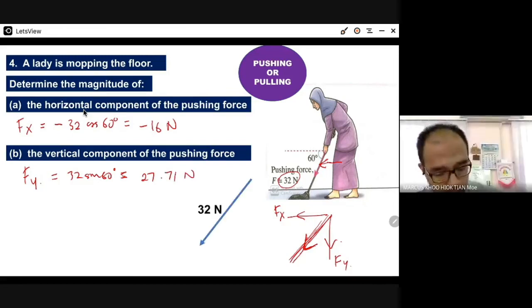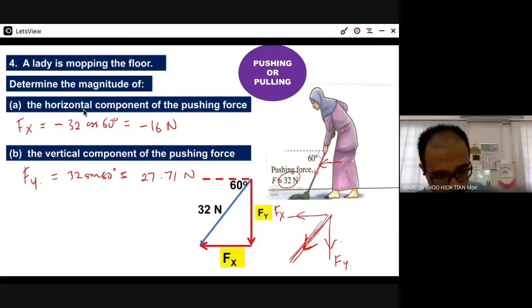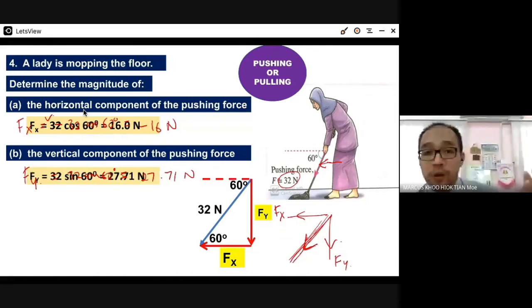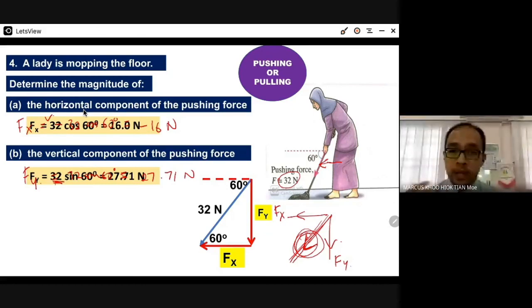Okay, let's check. Negative 32 cos 60 is what Wilson said. Over here they give positive because they assume that downwards is positive, which is actually totally fine, especially if the movement is not really going left or right. And the downward component is also positive because in this case of this particular force, the horizontal and the vertical components, you don't have an opposition force to it.